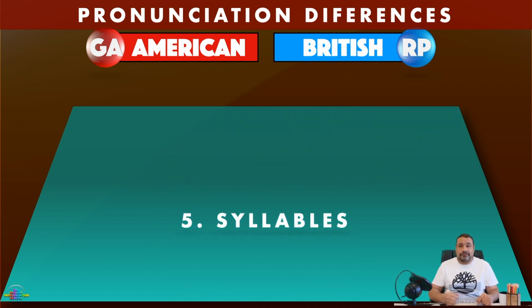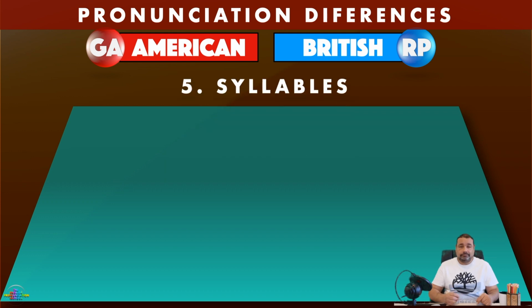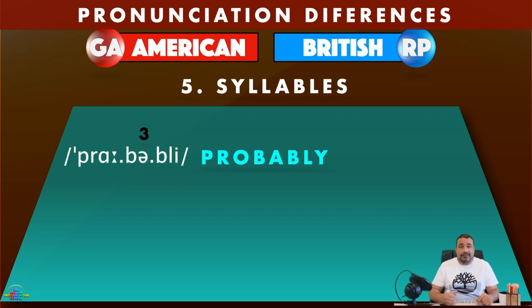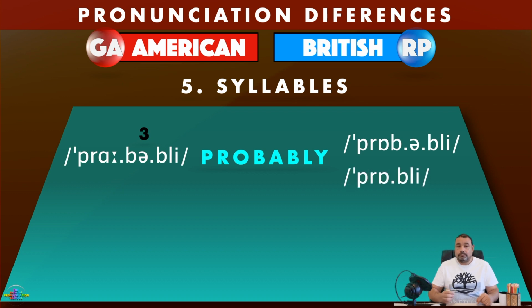Now, there are some differences found at the syllable level. For instance, we saw this before in the word "century." Now, in American, just say this word as "probably." But in British, you can hear people saying "probably," but also "probably" with a dropped syllable, which is the most common pronunciation.